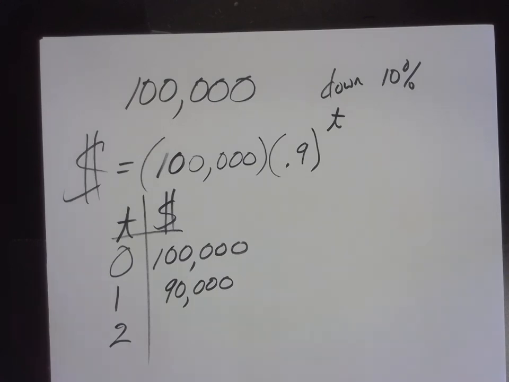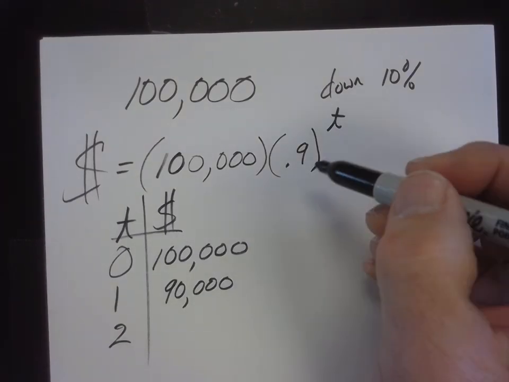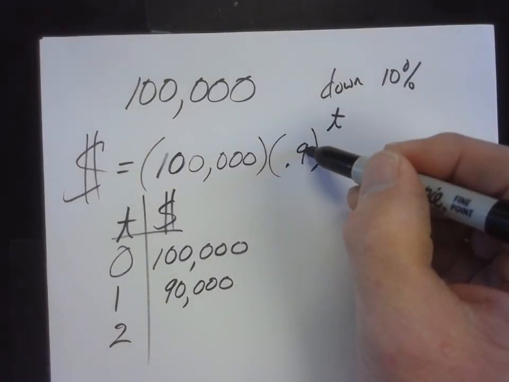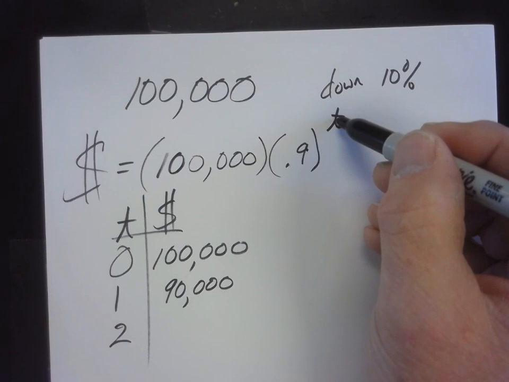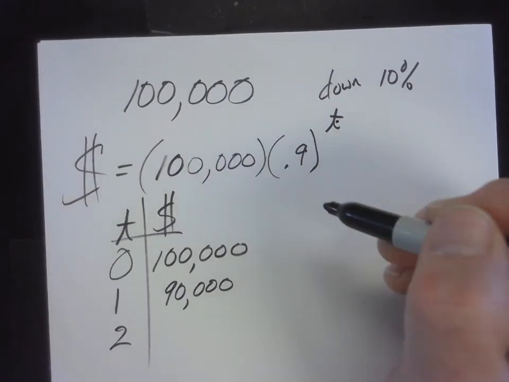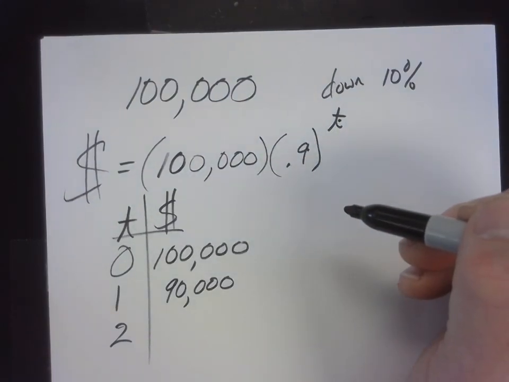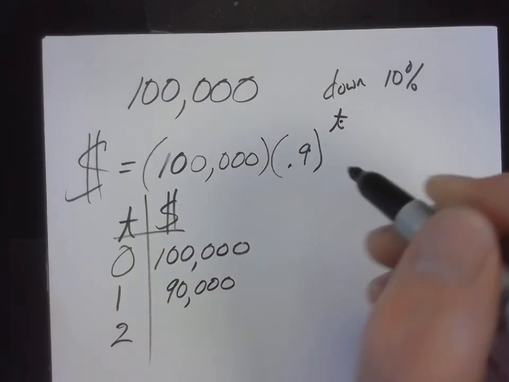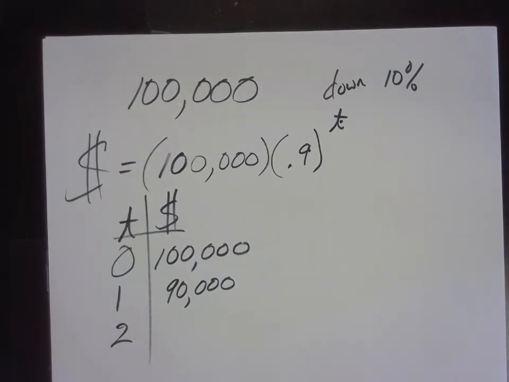Get out your calculator, guys. 0.9 raised to the second power times 100,000. $81,000. Yep, that's right.